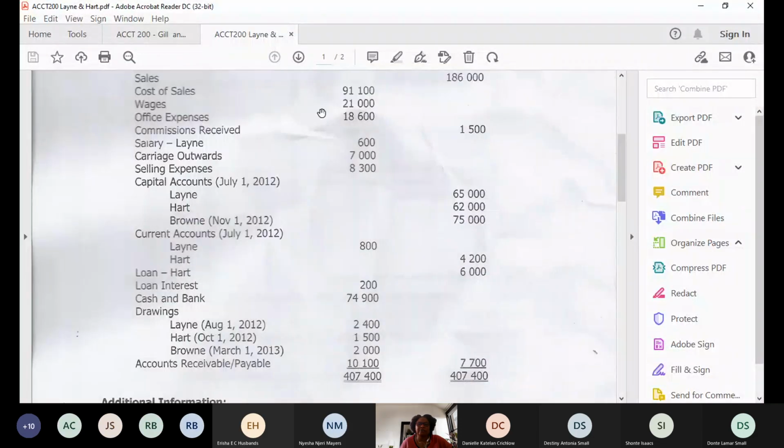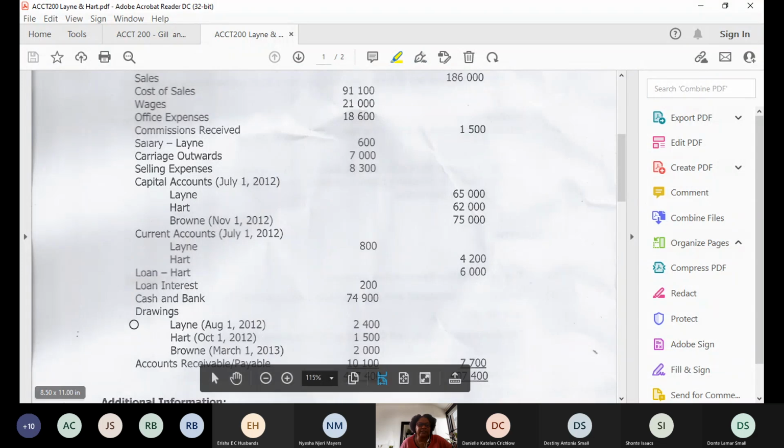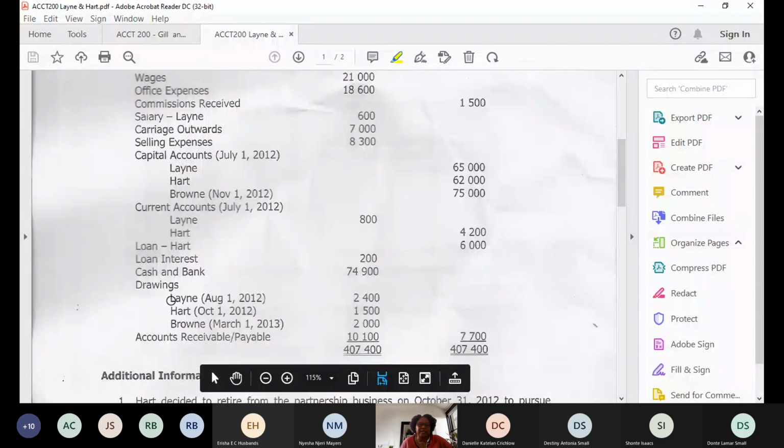In the question here, it stated drawings. Layne withdrew on August 1st, 2012, $2,400. Hart withdrew on October 1st, 2012, $1,500. Brown withdrew on March 1st, 2013, $2,000.